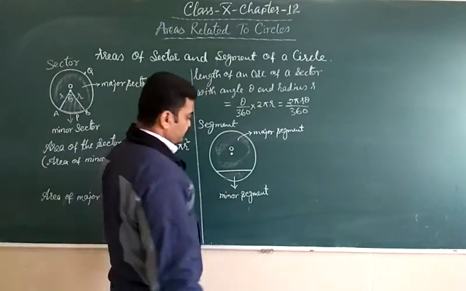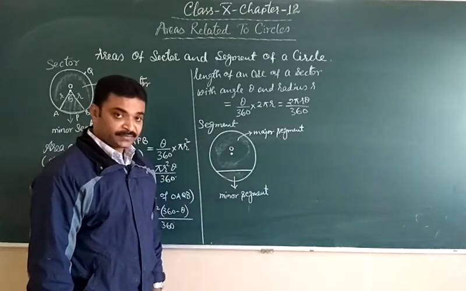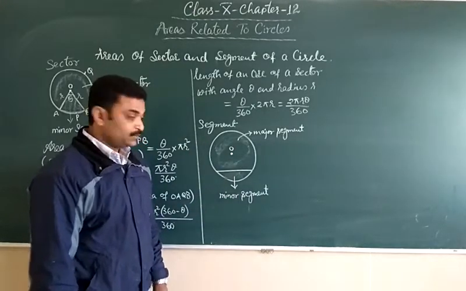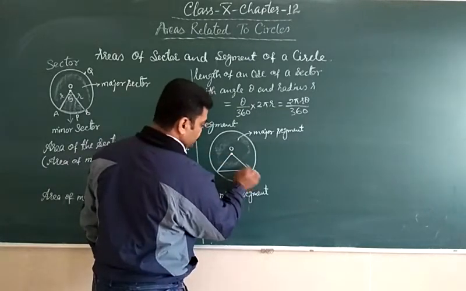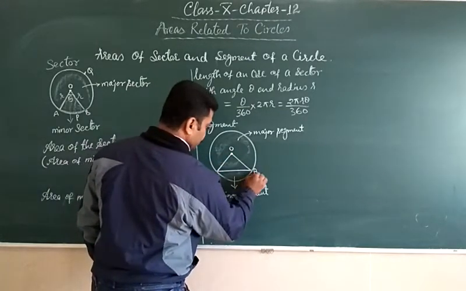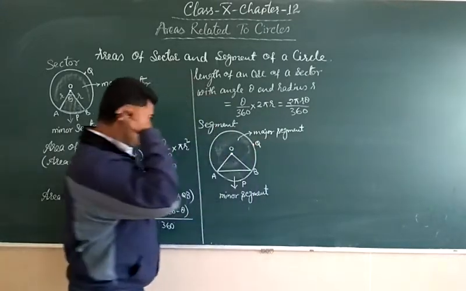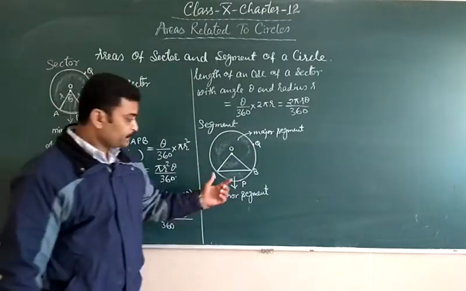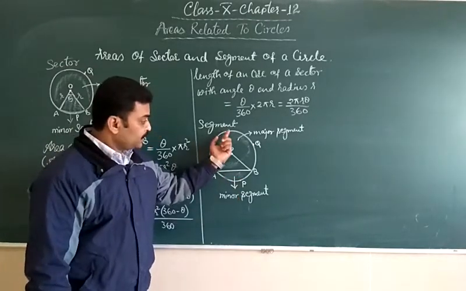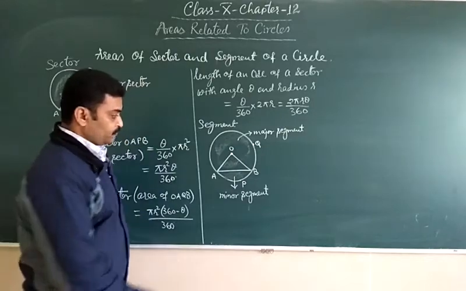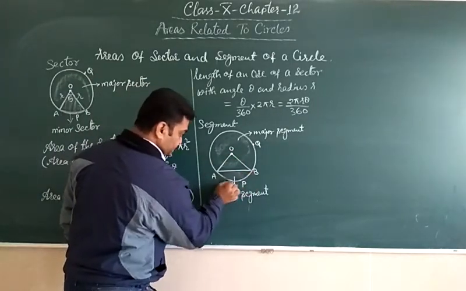Suppose we have to find the area of minor segment and area of major segment. How do we find it? We just draw two radii here, A, B. Suppose here a point P and here point Q. Area of minor sector is equal to area of this full minor sector.